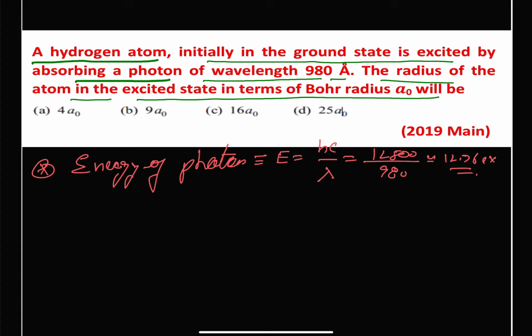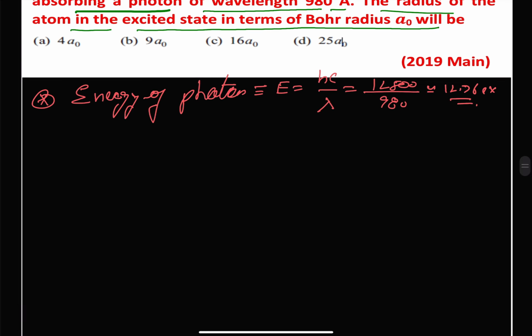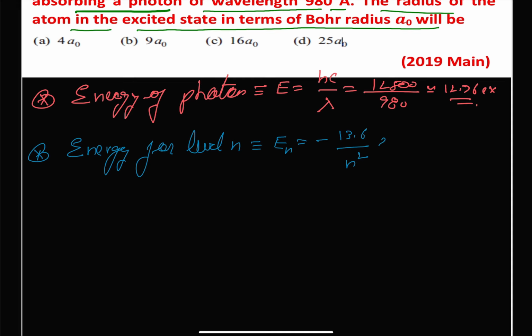And we can also find the energy for the nth level. The energy for level n, that is E of n, is equal to minus 13.6 upon n square electron volt.